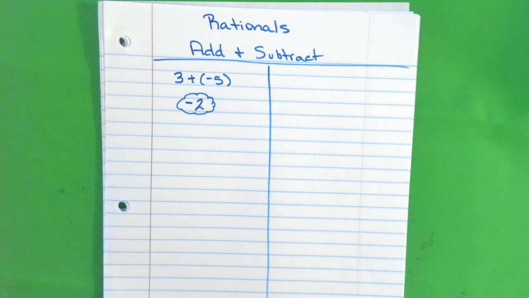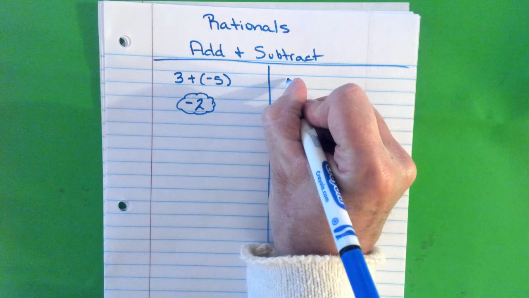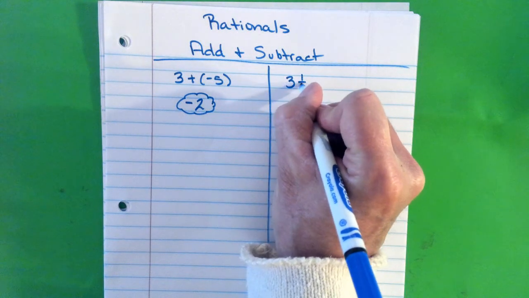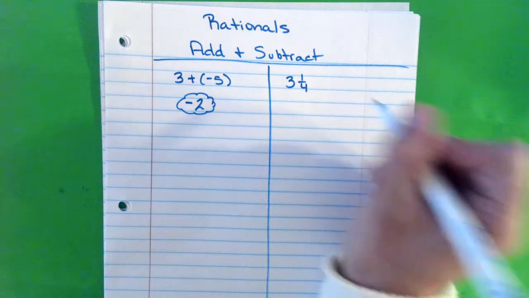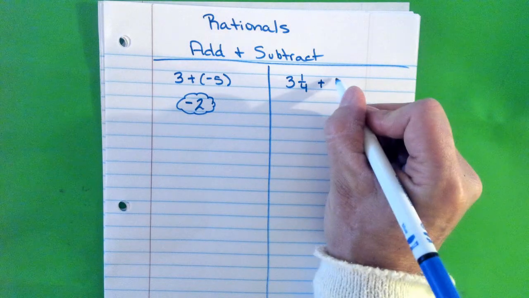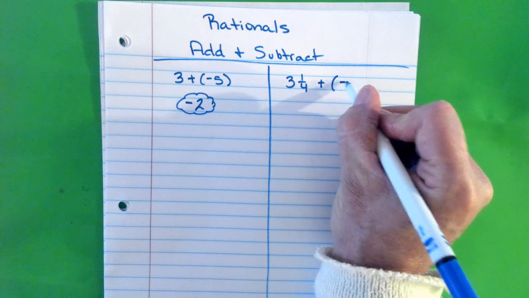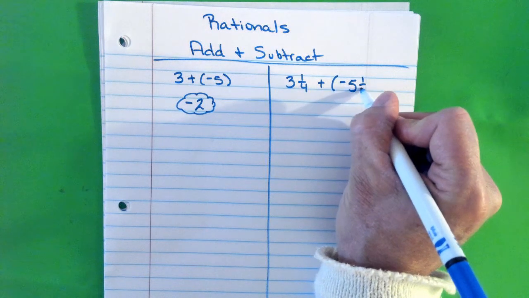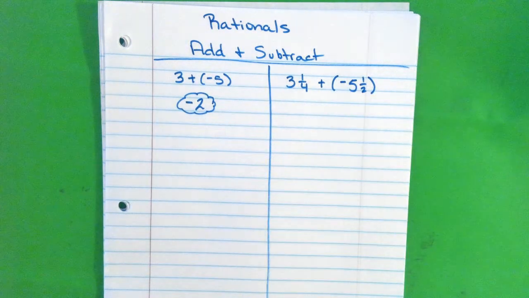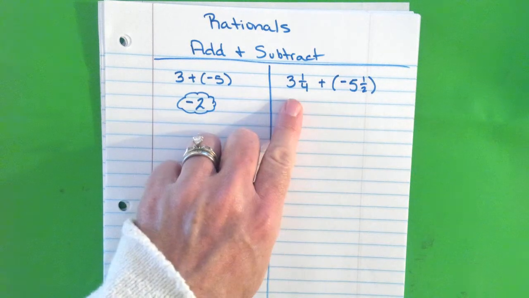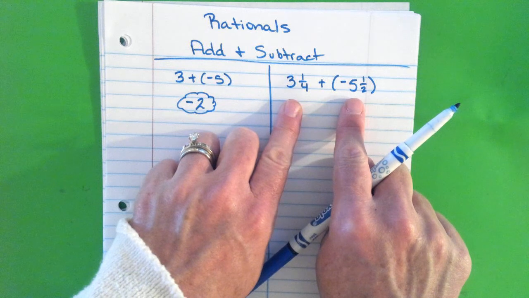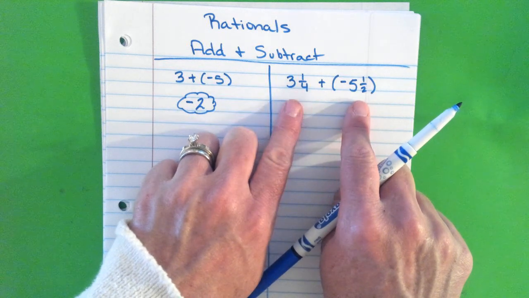Now, if I throw some fractions into this, like 3 1/4 plus parenthesis -5 1/2, the same rules will still apply. If I have 3 1/4 and I add 5 1/2 negatives, who's going to win this battle, the positives or the negatives?